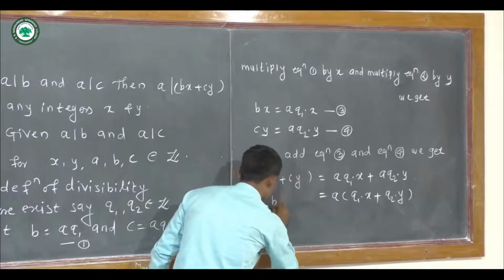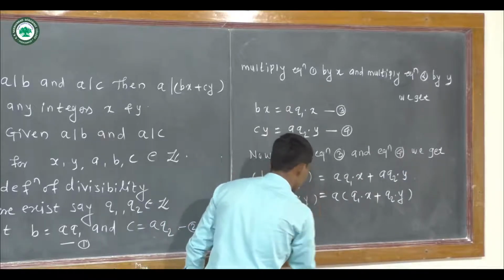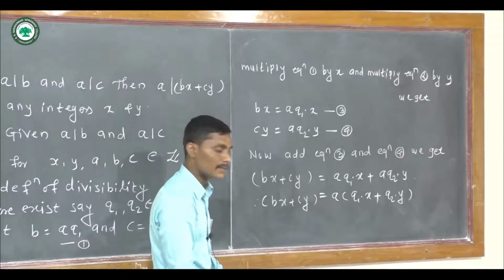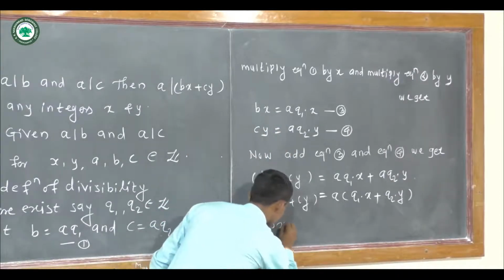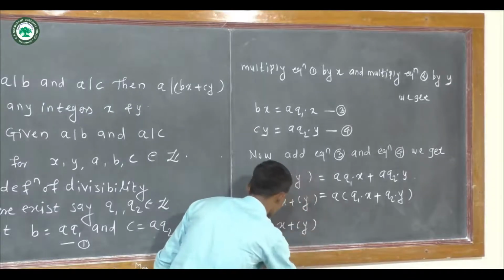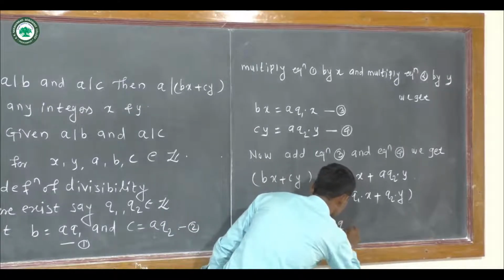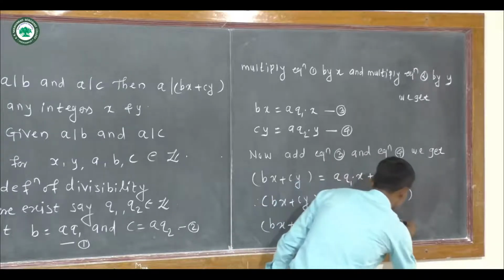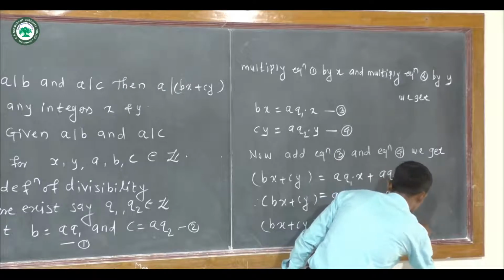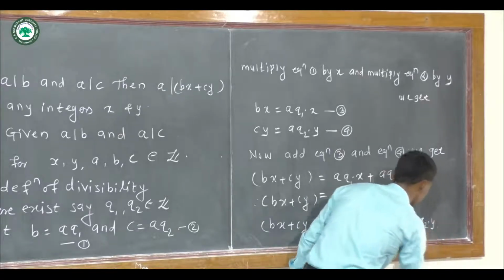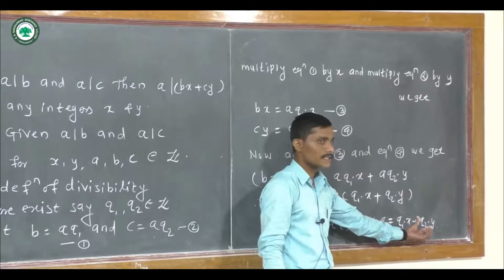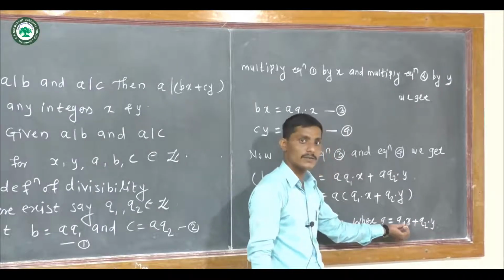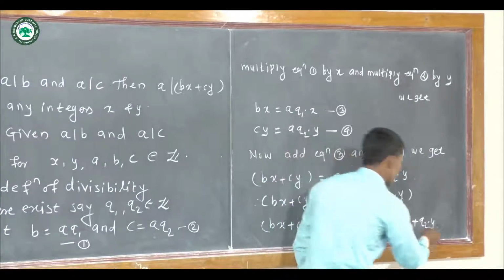That is, bx plus cy is equal to a into q1 into x plus q2 into y, and this equation can be written as bx plus cy is equal to a into q, where q is equal to q1 into x plus q2 into y. Here x and y are given integers and also q1 and q2 are integers, so q is equal to q1 into x plus q2 into y belongs to z.